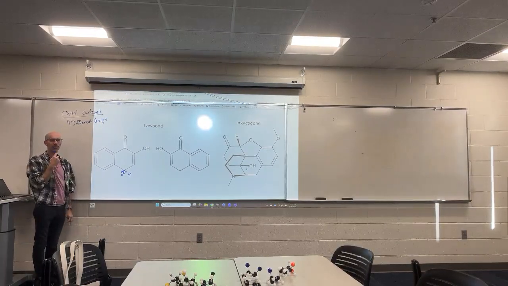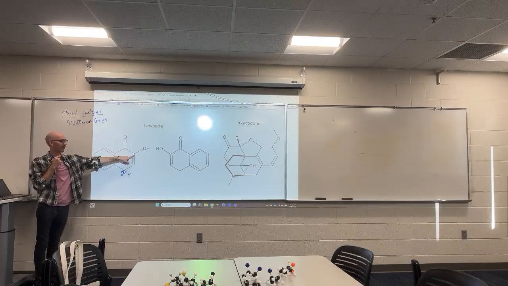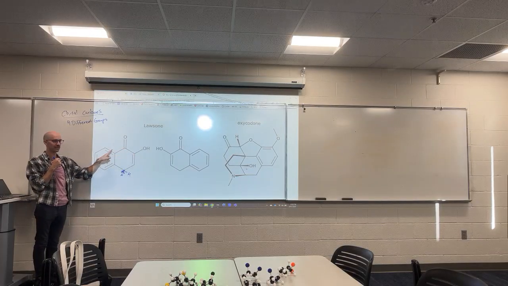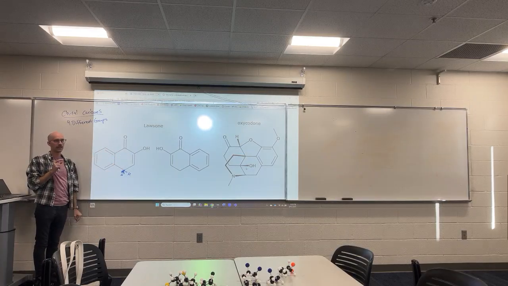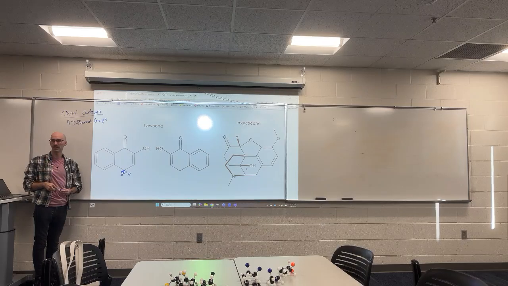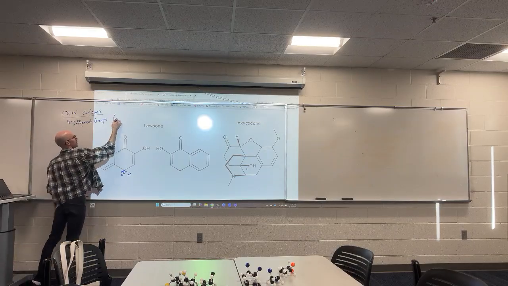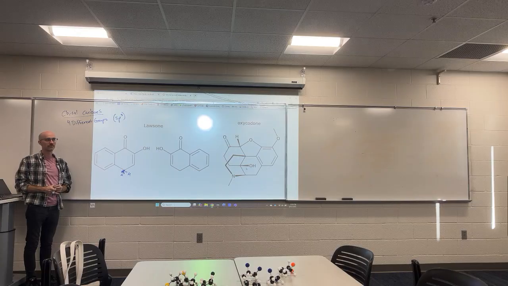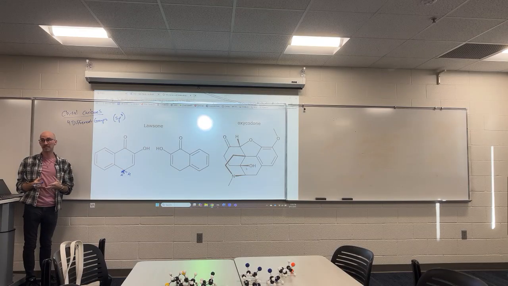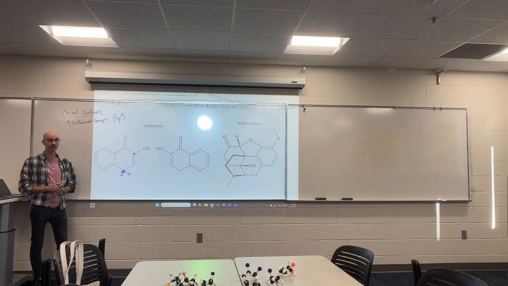What was the other carbon that you thought we could investigate? Was it this one? Yeah. All of the other carbons in here are sp2 hybridized. So by the way, if you have 4 different groups, you must be an sp3 hybridized carbon. If you are not an sp3 hybridized carbon, like this carbon, you're not bonded to 4 different groups.